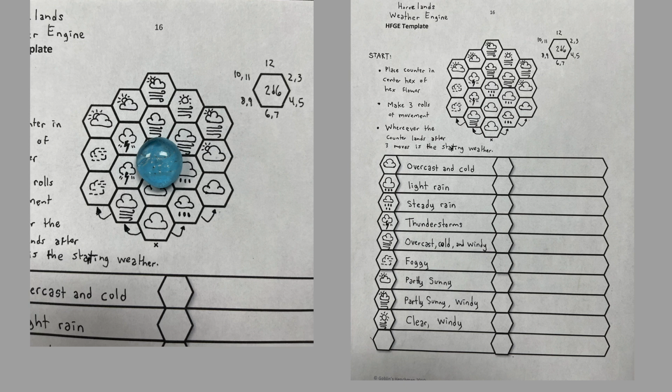So I'm not going to go through all the percentages laid out, but I will say that this particular navigation hex has a tendency to drive the counter down, mostly down, and down and to the left, and to the left in general. So I kept that in mind when designing where I'm going to put these weather patterns on this Hexflower.